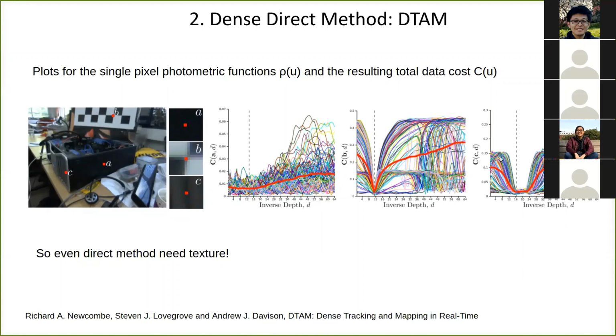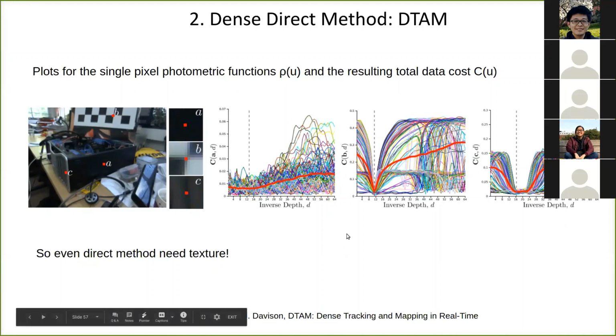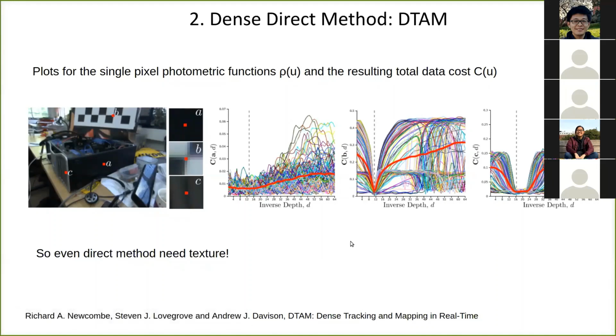We can see that we can easily find the local optimum of this cost volume if we have very evident features, very evident textures. That means even direct methods require some texture in order to do the photometric cost volume optimization well.